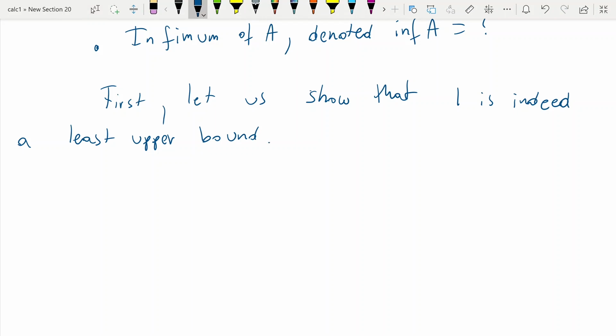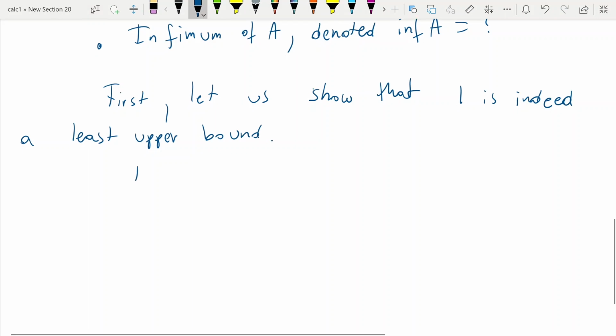So we must ask ourselves two questions. Remember, there are two properties. So is 1 an upper bound?